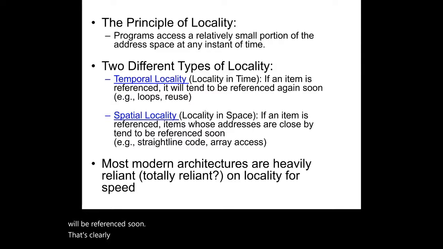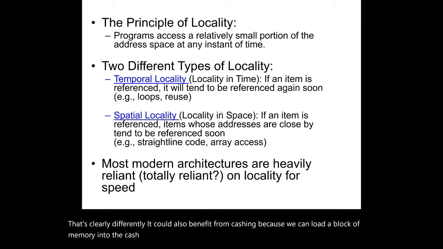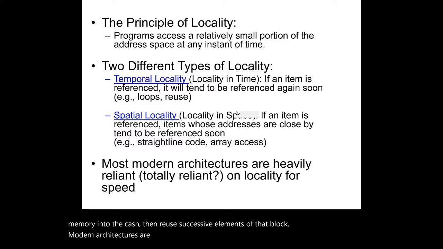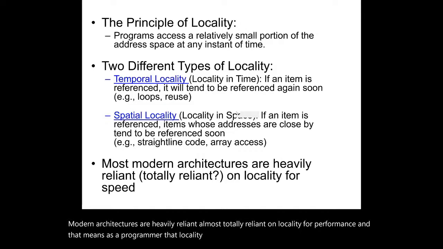It can also benefit from caching, because we could load a block of memory into the cache and then reuse successive elements of that block. Modern architectures are heavily reliant, almost totally reliant, on locality for performance. And that means as a programmer that locality is a fundamental consideration in algorithm design.